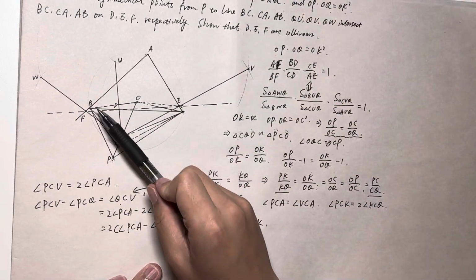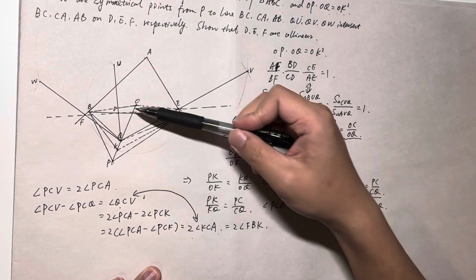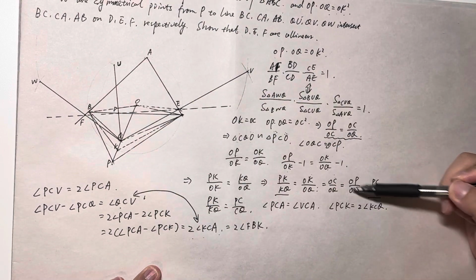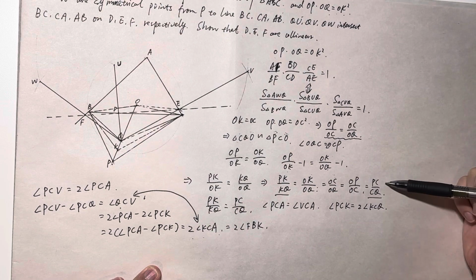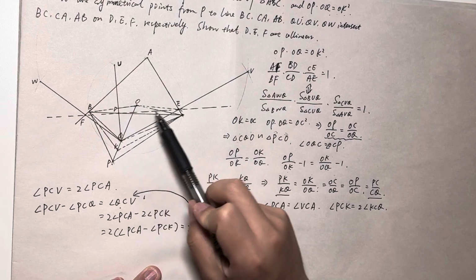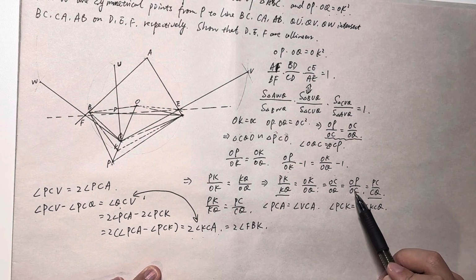Notice that OB equals OC, so we can just change all the C here to B, right? Because OB equals OC, that makes OC replaceable by OB here, and here too.